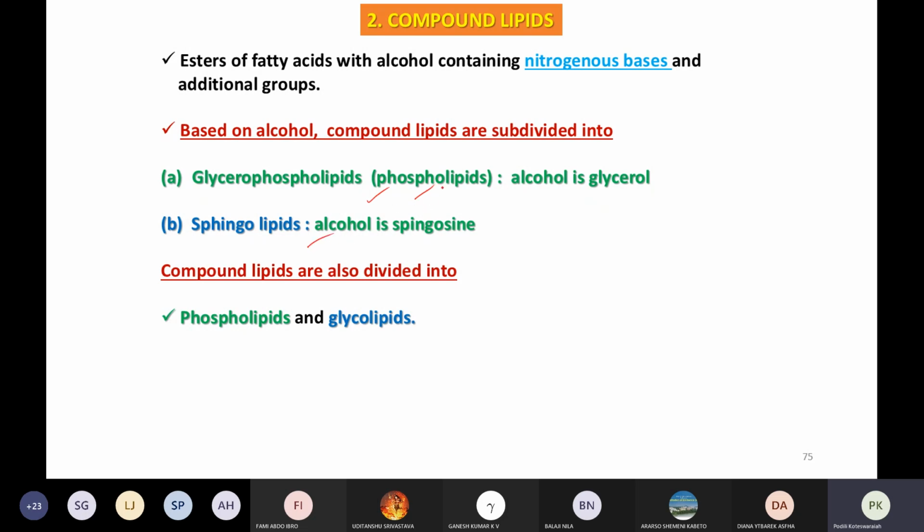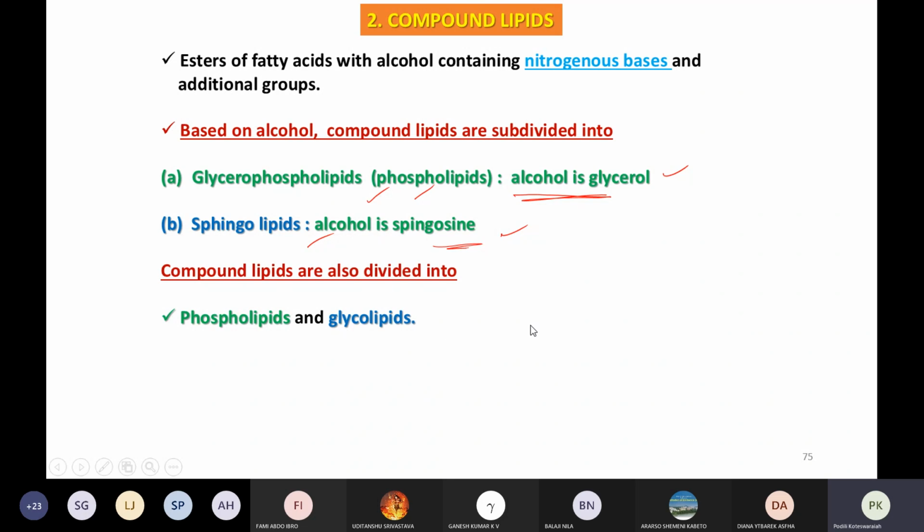In the glycerophospholipids, the alcohol is glycerol, whereas in the sphingolipids, the alcohol is sphingosine. As we already said, in all lipids the fatty acids are esterified with one alcohol or another, either glycerol or some other alcohol. In phospholipids or glycerophospholipids, the alcohol is glycerol, whereas in sphingolipids, the alcohol is sphingosine.